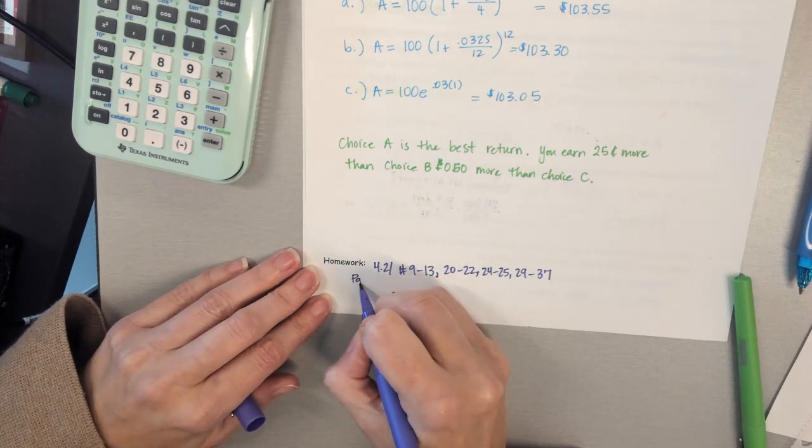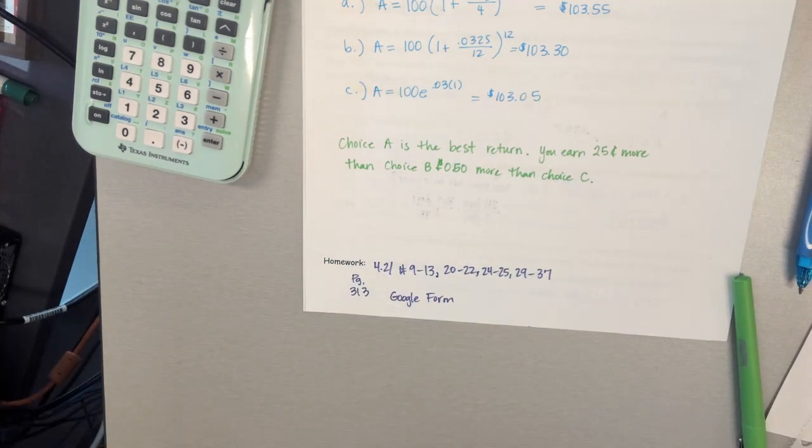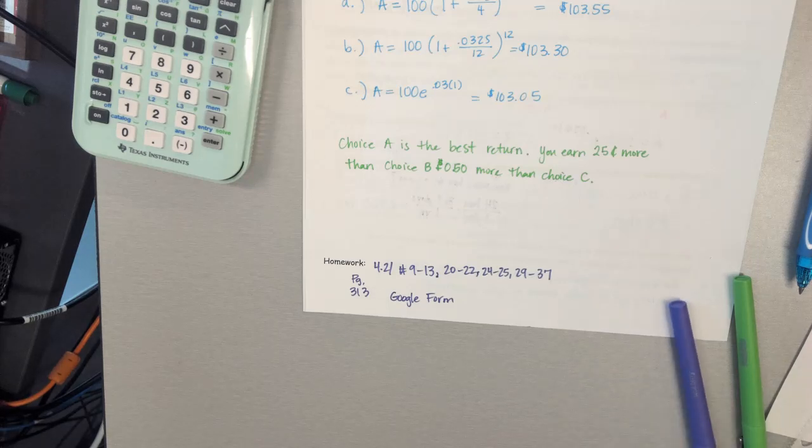Okay, so if you guys want to do the 4.2 tonight and turn it in, I already have that space up, or if you want to do one tonight and then come in and work on the other one, you can do that.